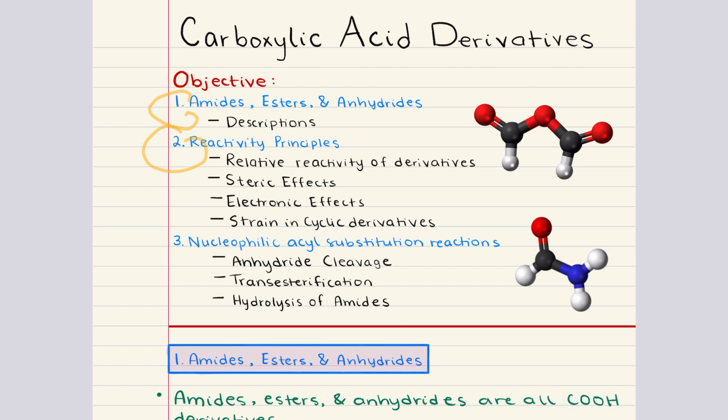Finally, we will explore important nucleophilic acyl substitution reactions, focusing on anhydride cleavage, transesterification, and hydrolysis of amides. Something you're going to notice in this chapter is the reiteration of some of the content we briefly covered in the last chapter. With that introduction, let's go ahead and get started with the first objective.